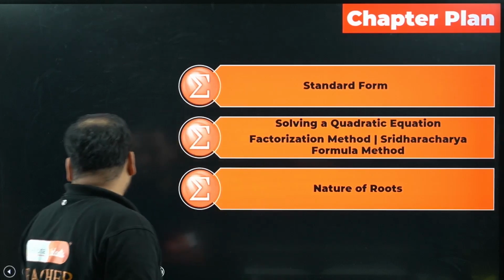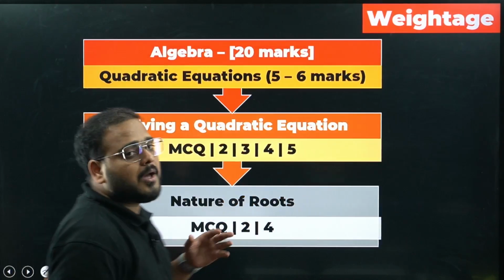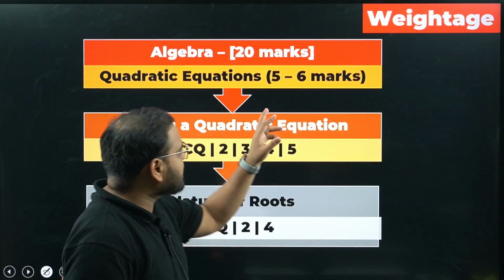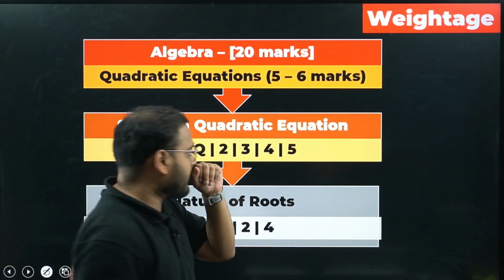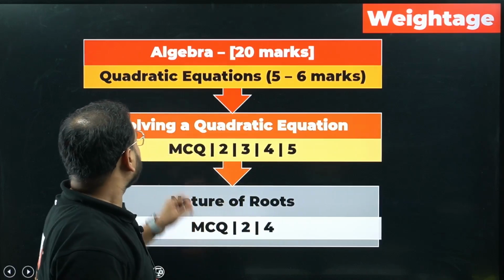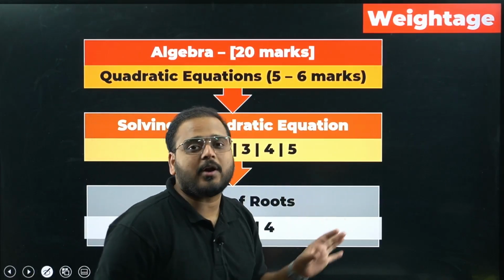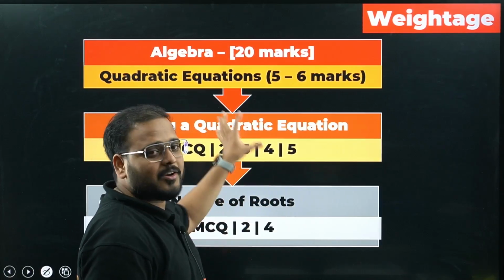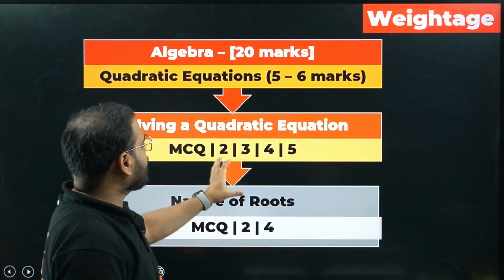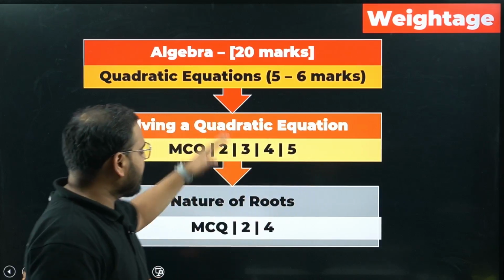And we also saw the weightage. The chapter-wise weightage was missing, but we have the unit-wise weightage, which is 20 marks. And I've seen your previous year papers, 5-6 marks you can expect in this chapter. And the important thing is that you can expect questions either in MCQ, 2 marker, 3 marker, 4 marker, or 5 marker in both sections.